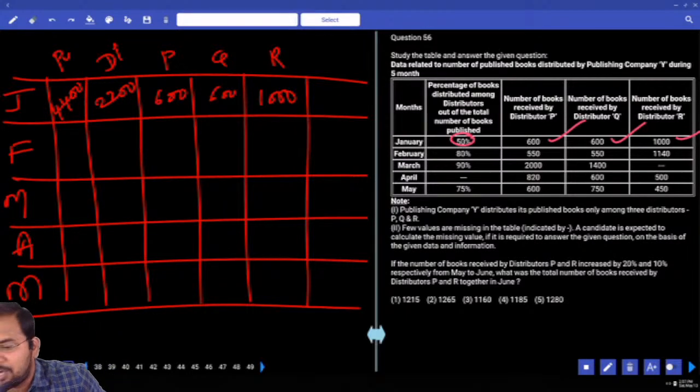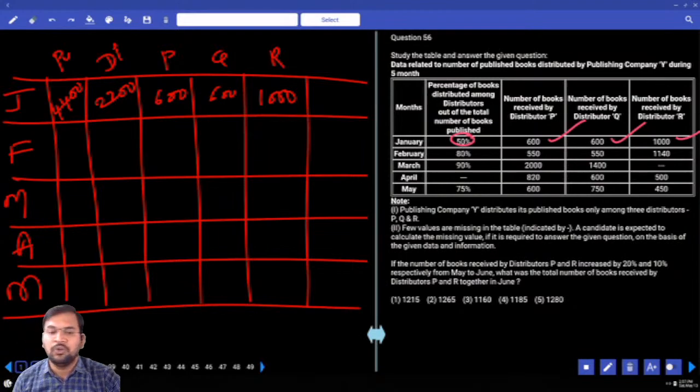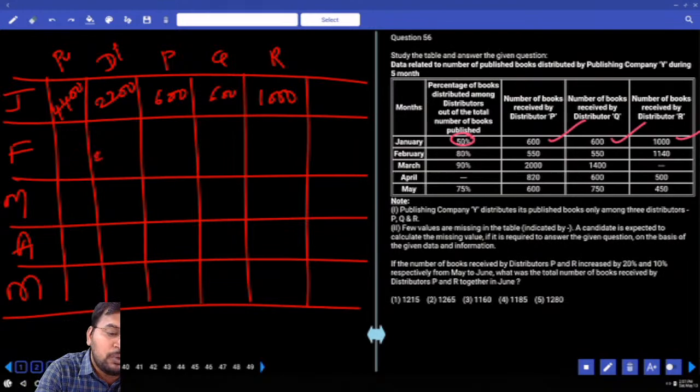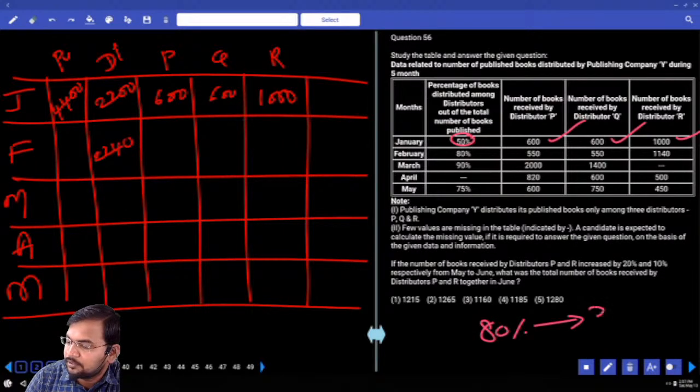550, 550, 1140. Together 1100, 2240. Another 2240 is 80%. 80% is 2240. Then 20% is how much? You will add 1/4.